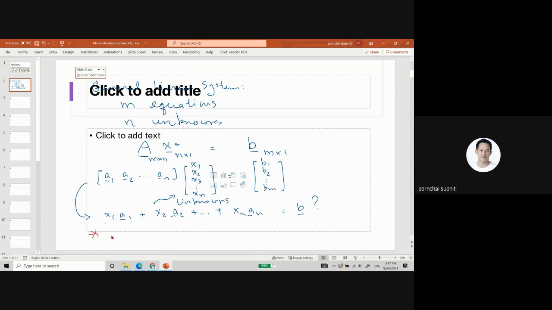So a solution for x exists if and only if b is in the column space of A. If b is not in the column space of matrix A, then b can never be found from x1a1 plus x2a2 plus all the way to xnan, right? So you understand, right?